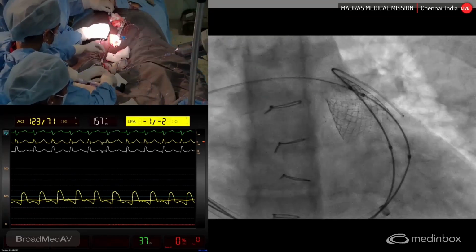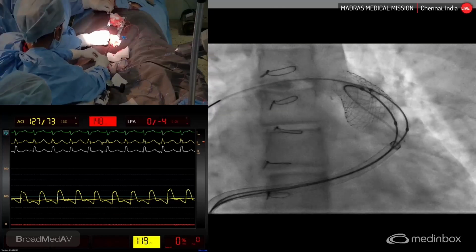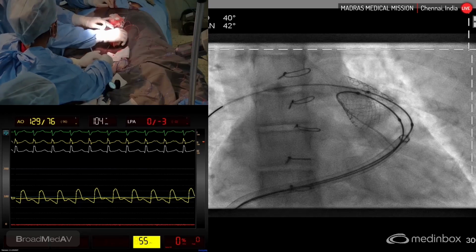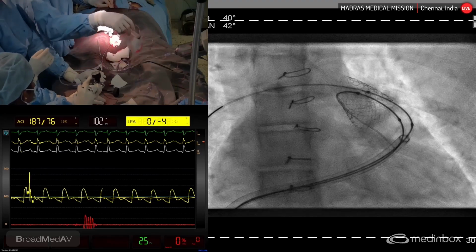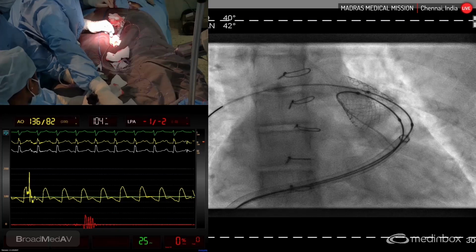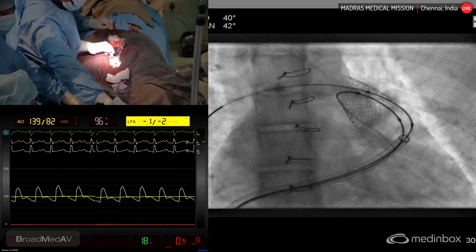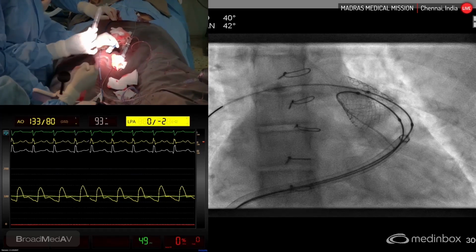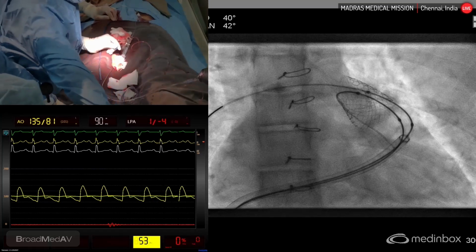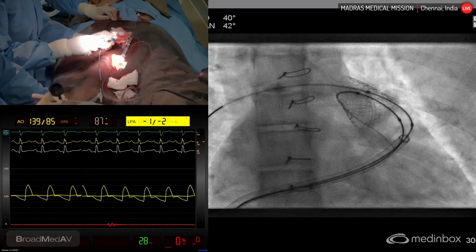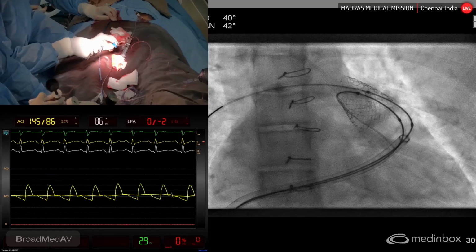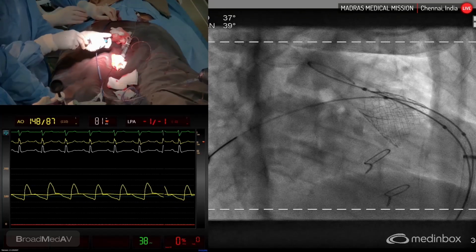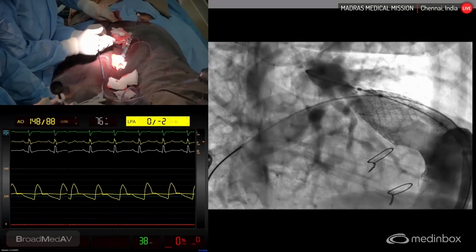The blood pressure has completely picked up. So we are going to give a negative. We are going to go back to the same view and see the position of the two stents. Both the balloons are fully deflated.